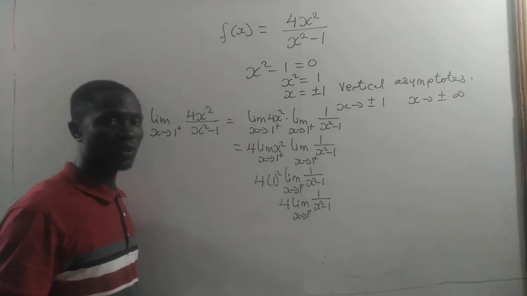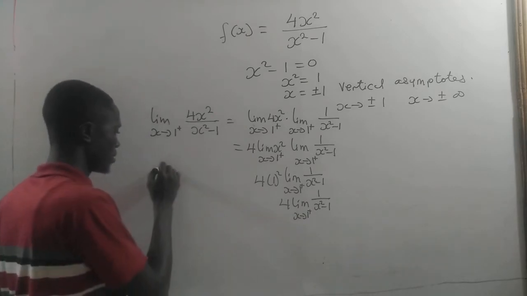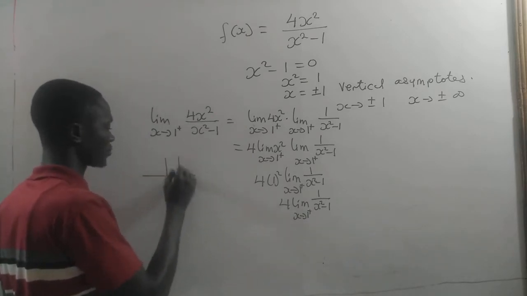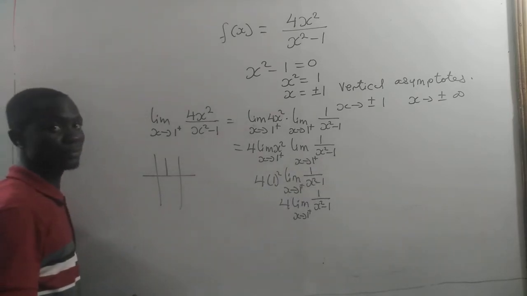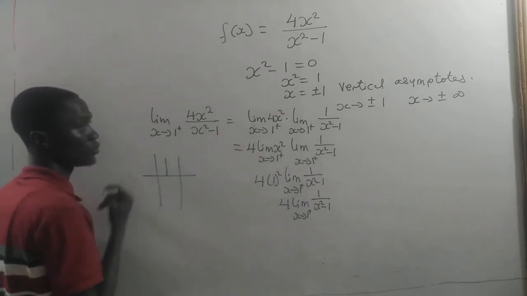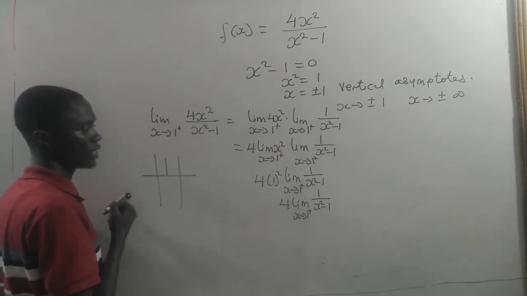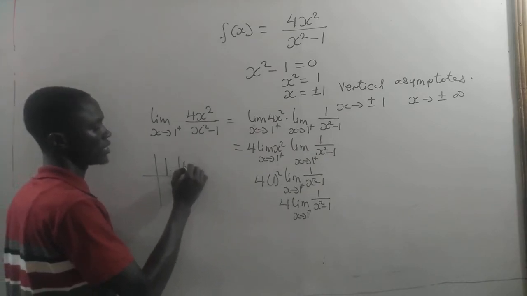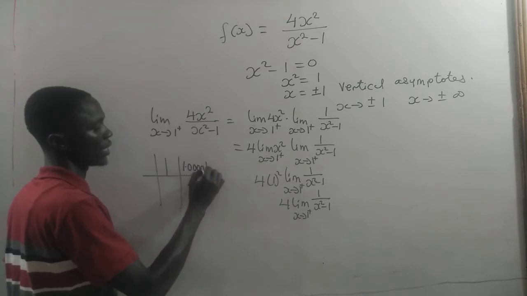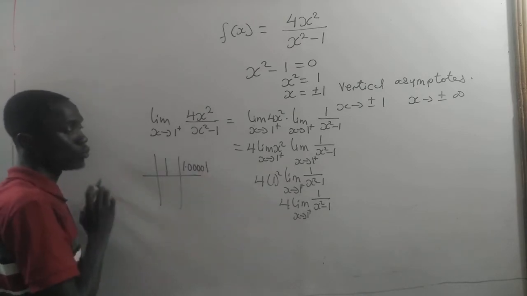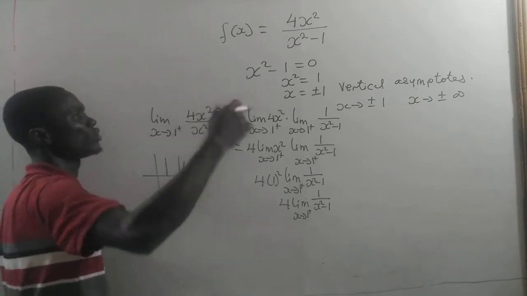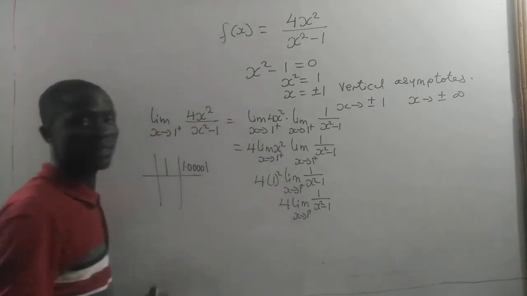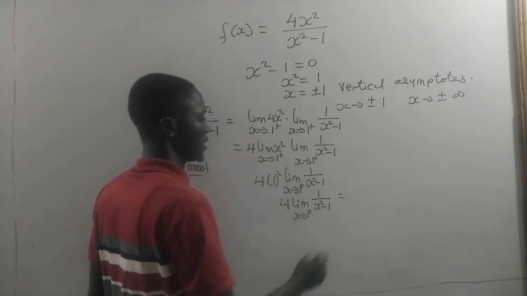Now, since we are looking for x approaching 1 from the right, I'll put 1 here. On the right side of 1, we are coming closer to 1. So we can use 1.00001. This is very, very close to 1. You can use 1.00001 to test.